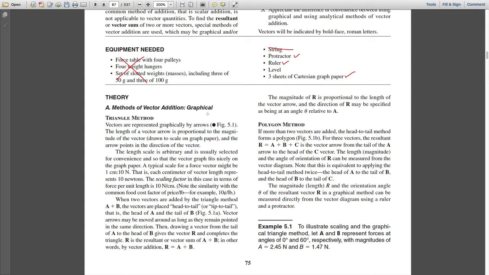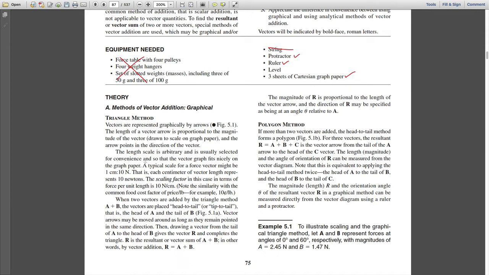Once again, the theoretical method is already covered in the vector video in chapter 1. I'm just lightly touching on it and then moving directly to the practical part of the lab.